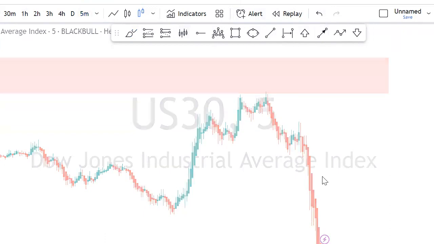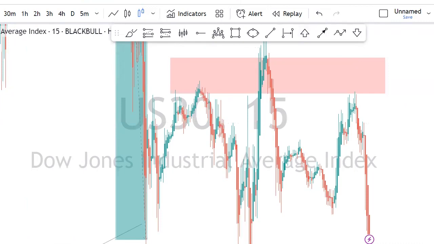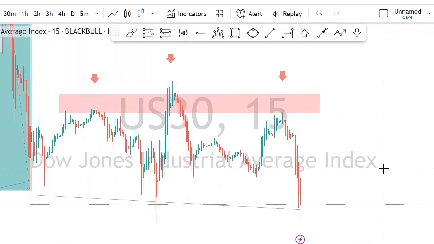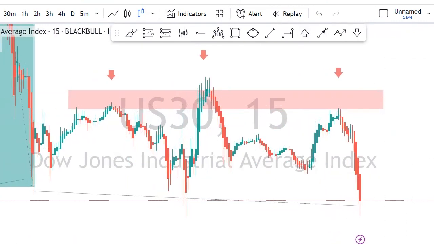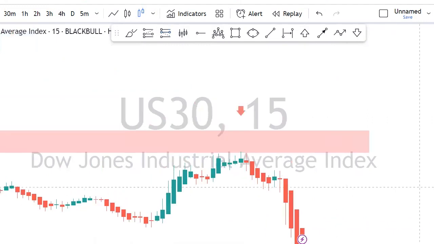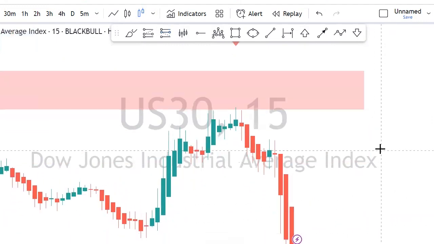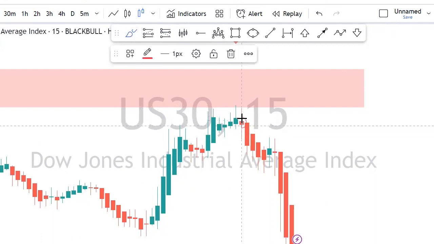Okay, let me just go back to the 15-minute time frame. So this is the setup that I'm taking currently. I'm going to be using this pattern. So we wait for 2 bearish candlesticks. This was our first bearish candlestick and then our second one, right?